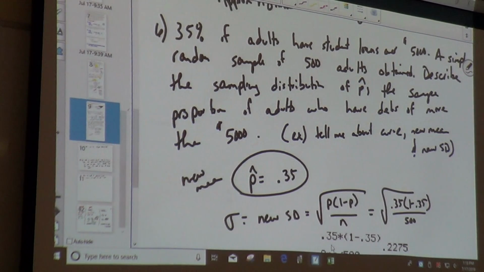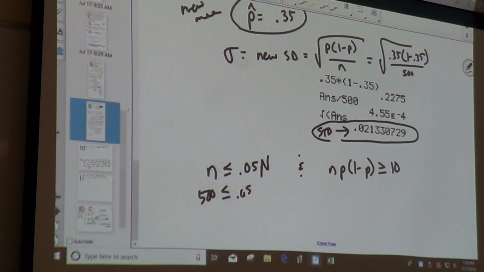If I go up here, we are talking about adult Americans, so that's going to be a big number. If I do 0.05 times a big number, do you agree that's going to be bigger than 500? Yeah. So we already know that that's going to be a yes.